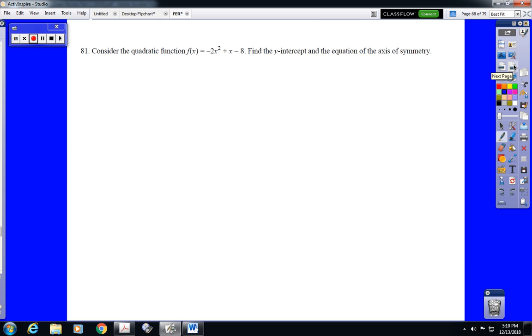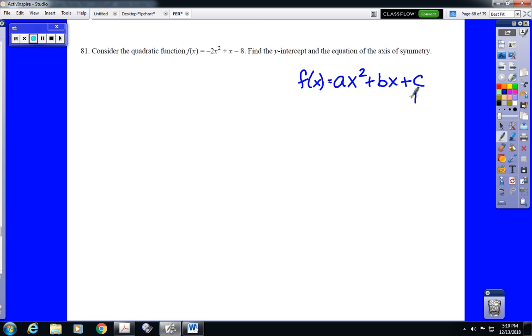Okay, number 81 says, consider the quadratic function f of x equals negative 2x squared plus x minus 8. Find the y-intercept and the equation of the axis of symmetry. So this is in standard form, f of x equals ax squared plus bx plus c.